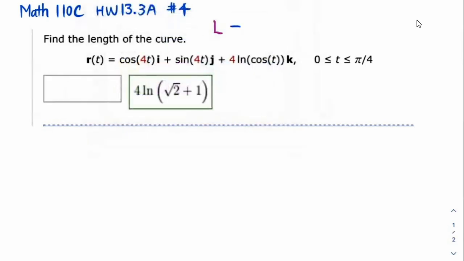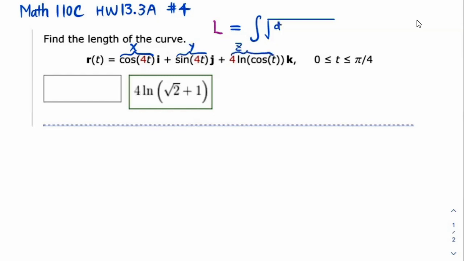The arc length, let's call that L, is equal to the integral of, well, there are different ways to write the formula. One way to write the formula is you can have this. Think about this as the first function, the x derivative component, then the y component, and this is the z, right?